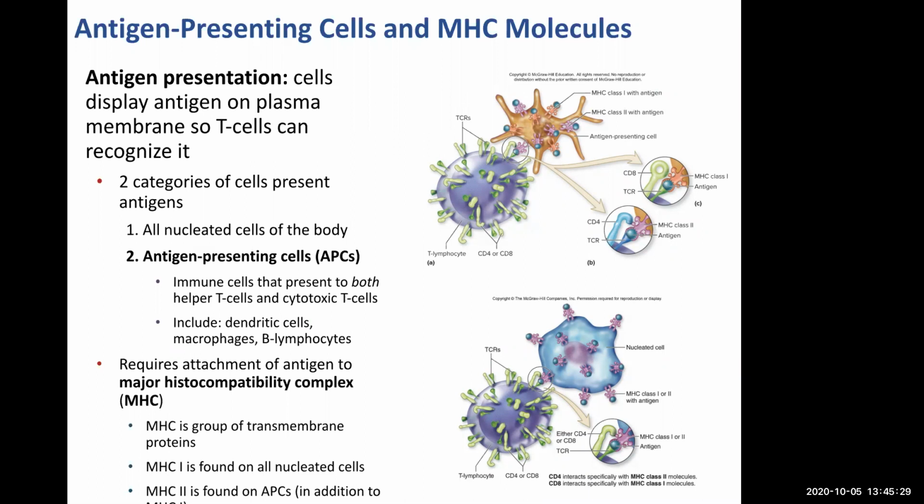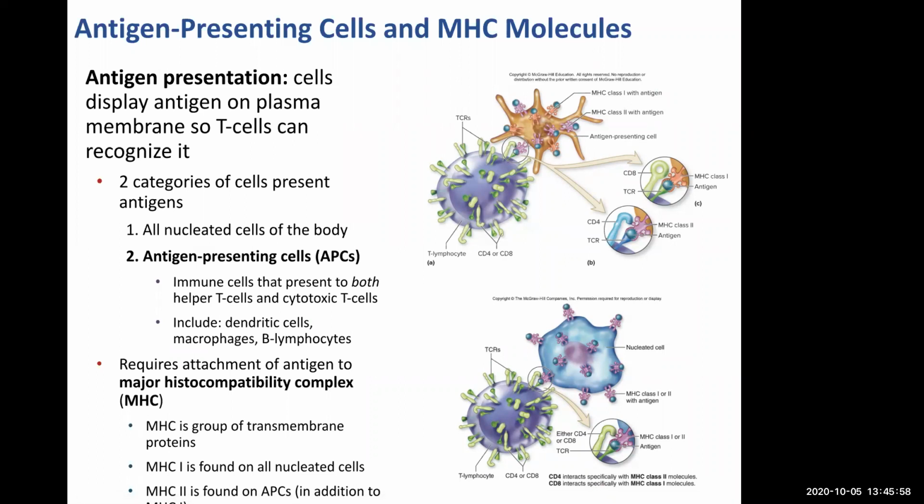And the 3 different cells that have MHC class 2 are all what we call professional antigen presenting cells, right? In this textbook, they will sometimes just call them antigen presenting cells, but truly all cells that are nucleated are technically presenting antigen in MHC1, right? Self-antigen or antigen that comes from within the cell.